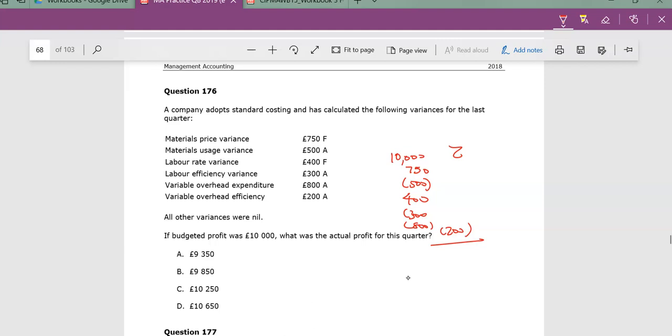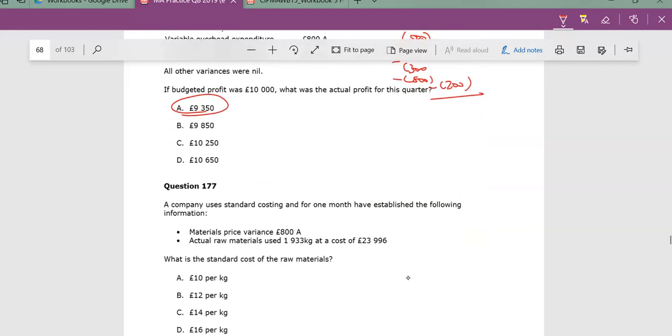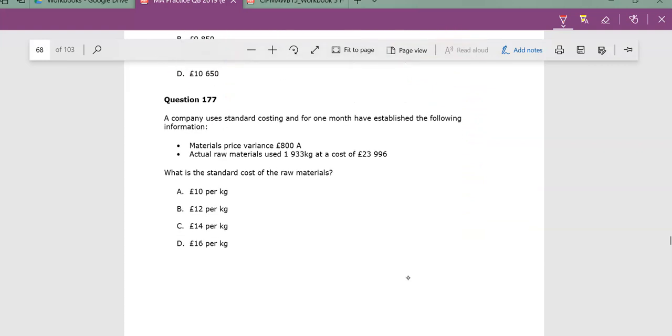When you add all this together, adding 10,000 plus and minus, you will get to a comfortable 9,350.